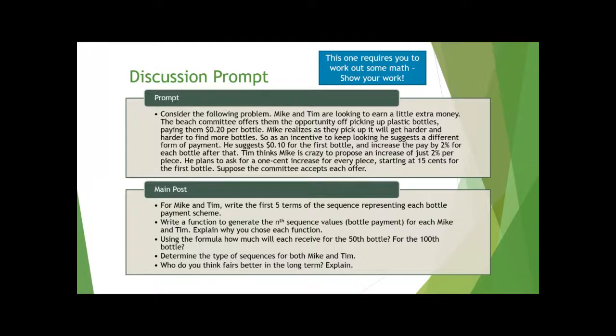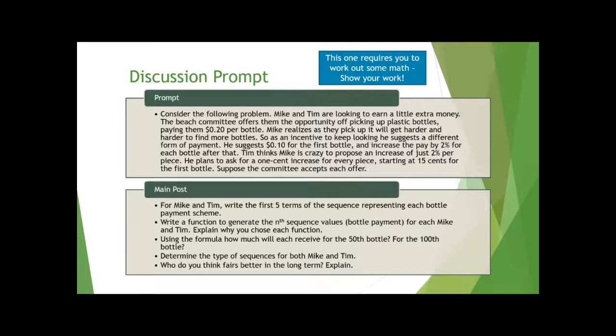So as an incentive to keep looking, he suggests a different form of payment: 10 cents for the first bottle and increase the pay by 2% for each bottle after that. Tim thinks Mike is crazy to propose an increase of just 2% per piece. He plans to ask for a 1 cent increase for every piece, starting at 15 cents for the first bottle.